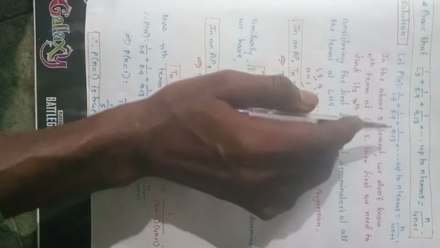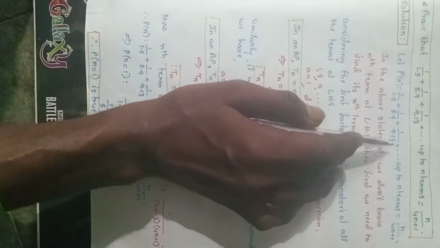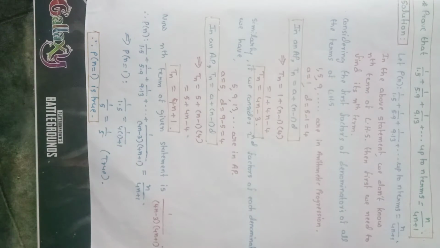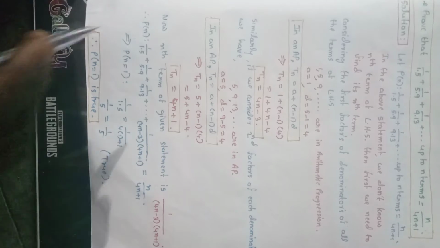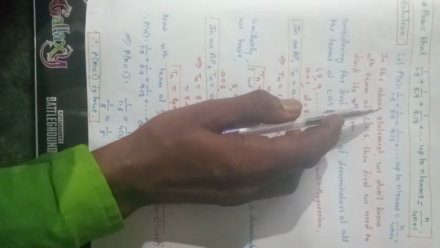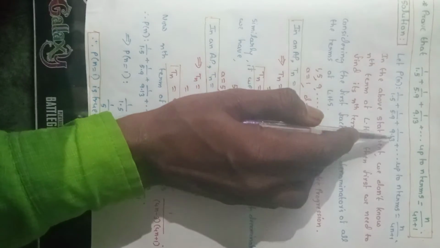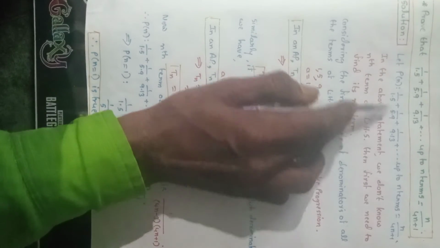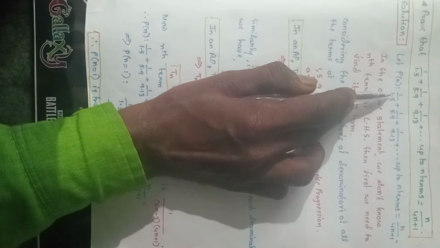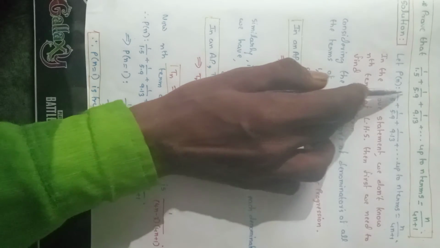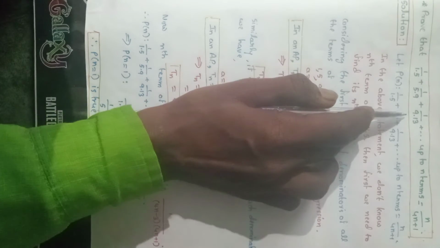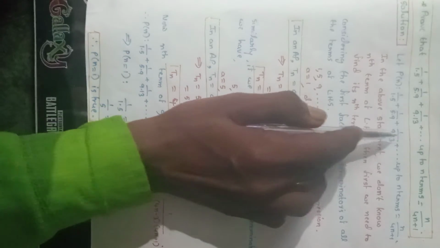Now let us consider only the denominator parts here. Look carefully: every denominator consists of two factors, like in the first term 1 and 5, in the second term 5 and 9, in the third term 9 and 13.